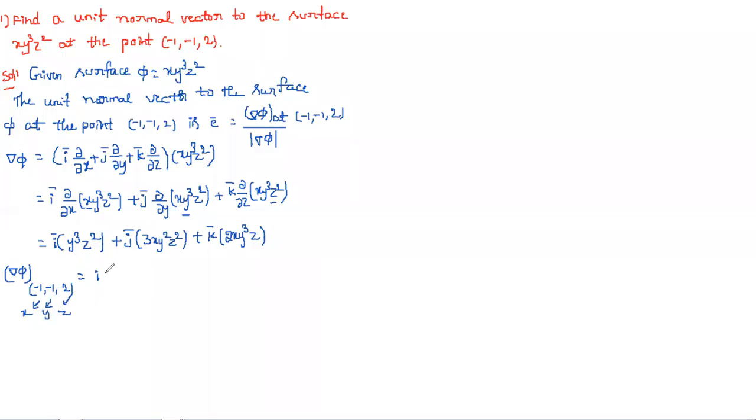In place of x, y, z, you have to substitute the values. y cube is (-1) whole cube, and z square is 2 square, plus j into 3 into x is -1, and y square is (-1) whole square, and z square is 2 square, plus k into 2 into x is -1, and y cube is (-1) whole cube, and z is 2.